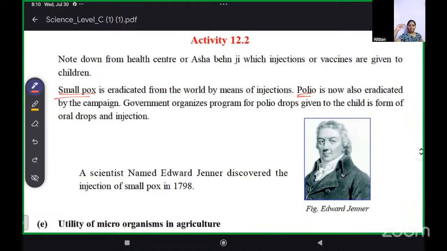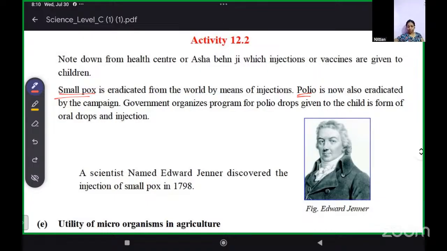Every 6 months or every 1 year, you have to take your child for vaccination for polio and smallpox. It is compulsory. So now, when children grow up, they do not have polio or smallpox. They are protected against them because they have been given those vaccinations.